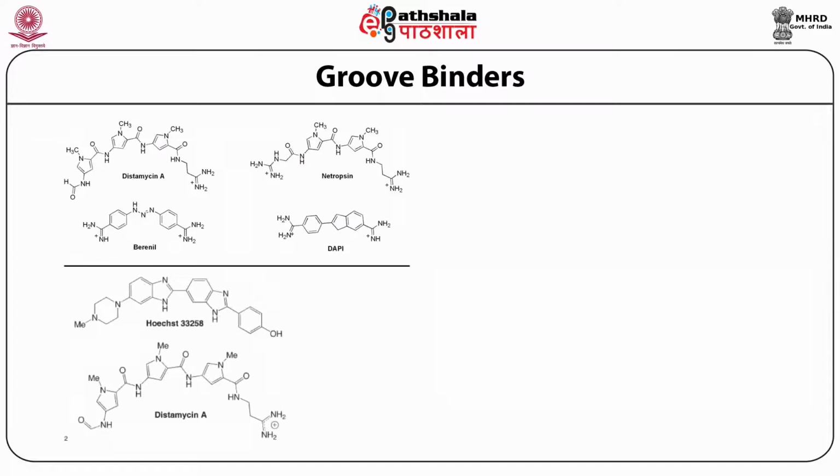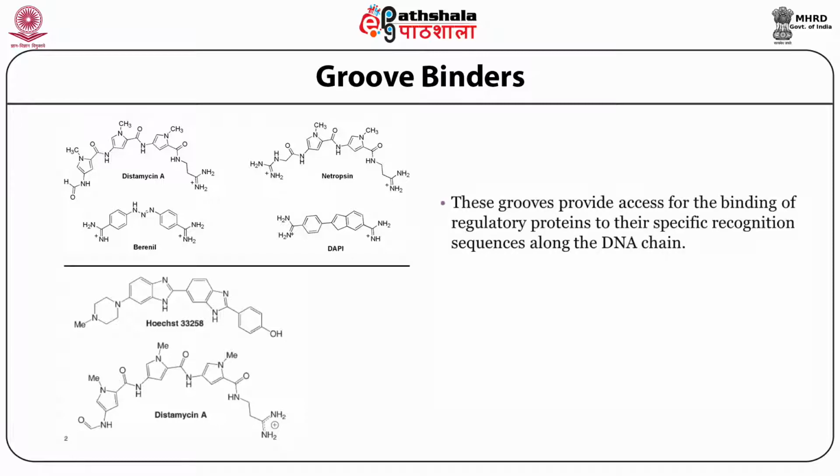You can see here the structure of some major groove binders such as netropsin, distamycin, Hoechst 33258 and distamycin A. This groove provides access for the binding of regulatory proteins to their specific recognition sequences along with the DNA chain.